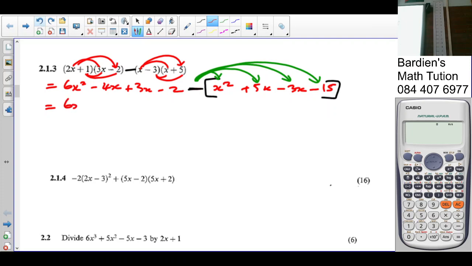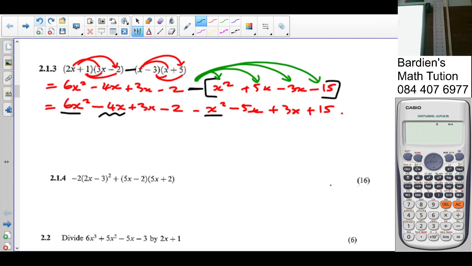So that's going to give you 6x squared minus 4x plus 3x minus 2 minus x squared minus 5x plus 3x plus 15. Now what do we do? Like terms: 6x squared, negative x squared. Negative 4x plus 3x minus 5x plus 3x. And negative 2 and 15.